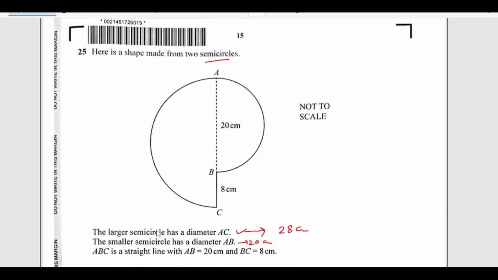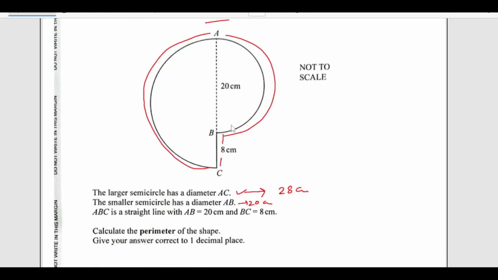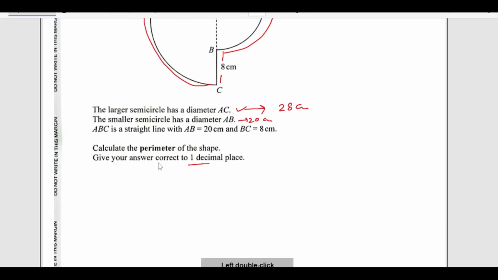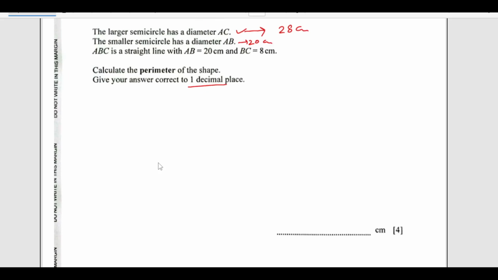Now for the perimeter of the shape, be careful, we are going to include this, and then this is the perimeter of the semicircle. Big circle, small circle, remember to add 8 in there, right? So read instructions, give your answer correct to one decimal place. So we are going to write down circle C1, larger circle. Let's say circumference of large circle, it is equal to, this is a semicircle, actually large semicircle.